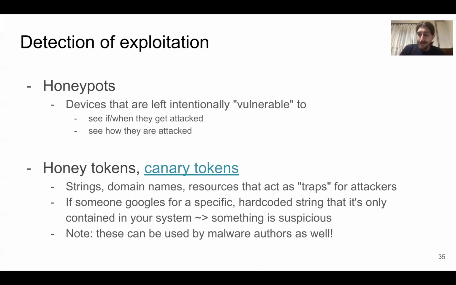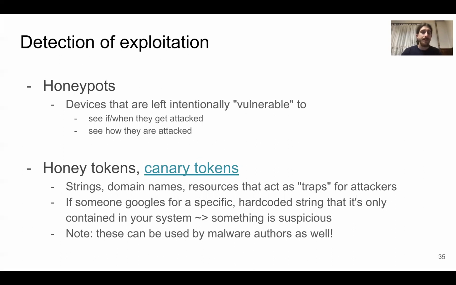And then I think, yes, this is the last slide for this topic. The last trend that I'm aware of is the detection of exploitation. One thing is you try your best to have code without bugs, and then you try your best to make it as difficult as possible to exploit these bugs, even if they are there.